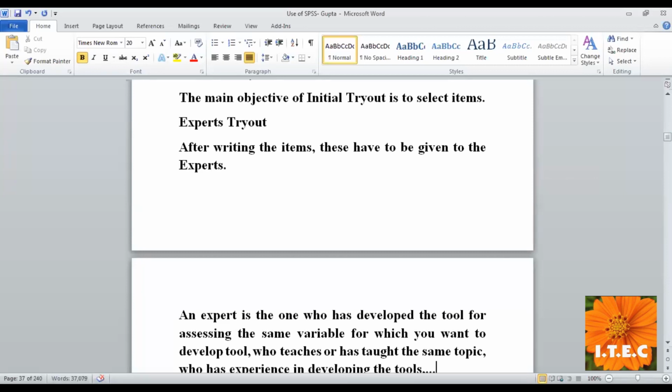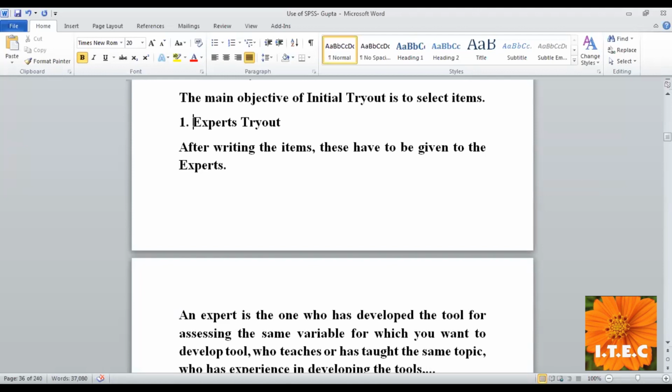So such a person will be called the expert. So you have to give your operational definition along with the items and the instruction.